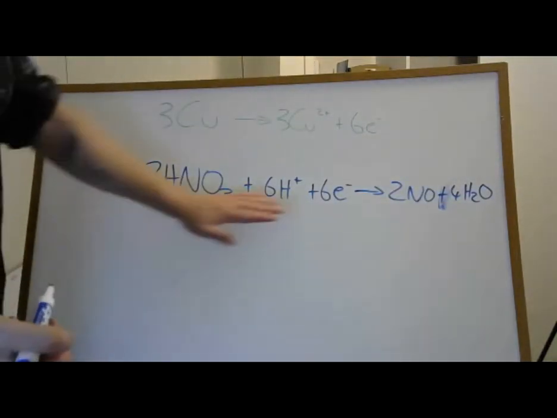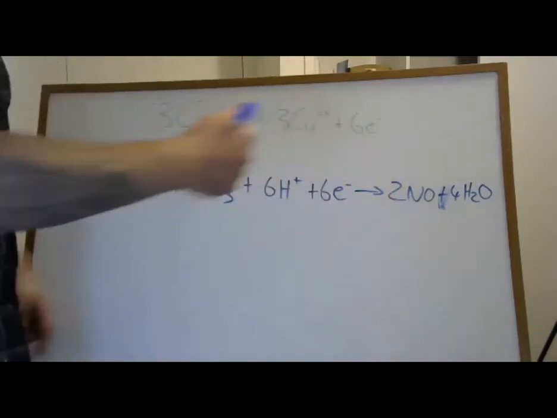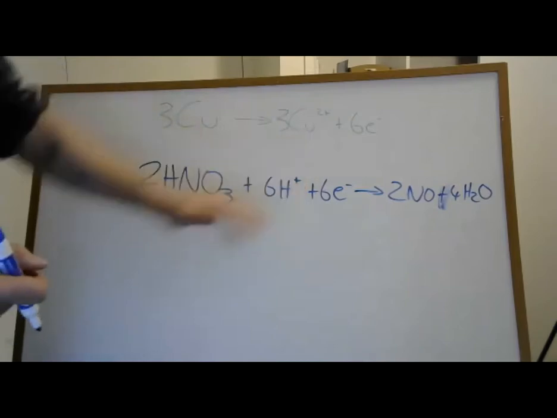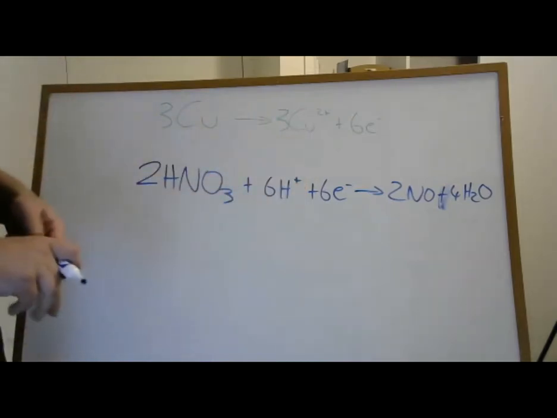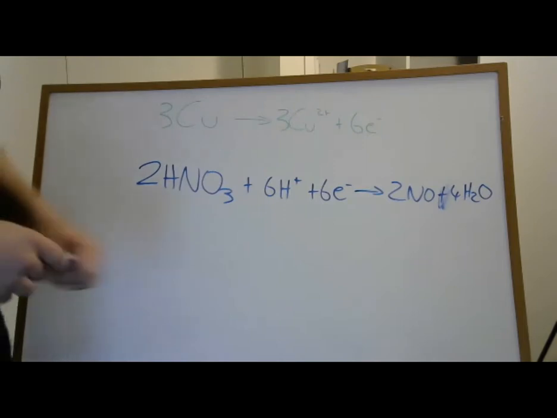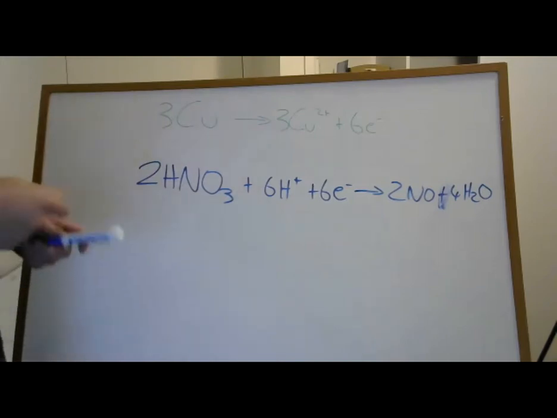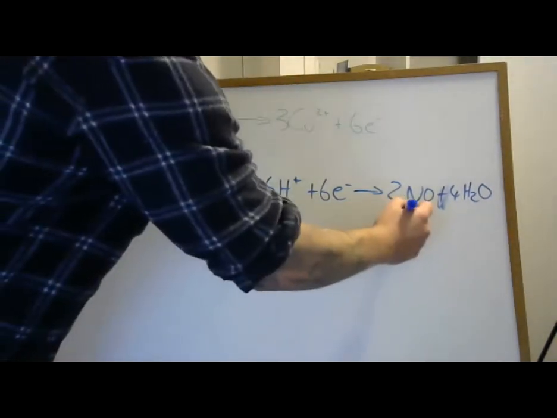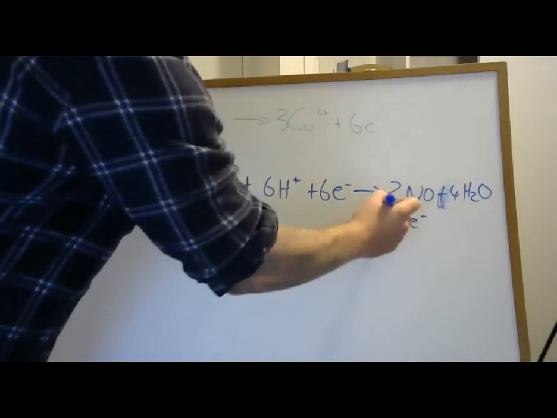That means there's 6 electrons being transferred in both of these. It balances. If both sides have 6 electrons, we can just cancel those out.